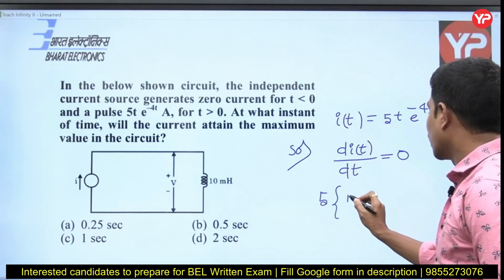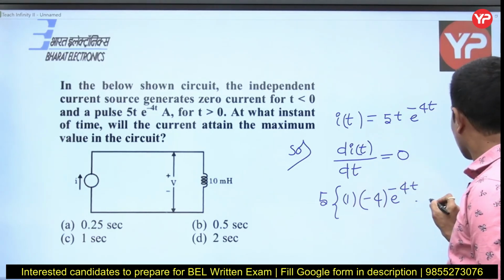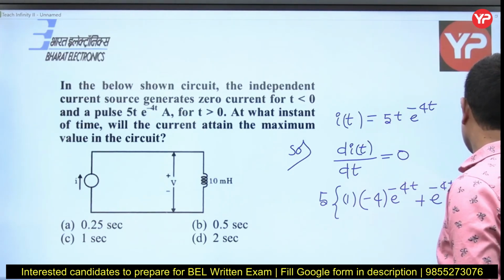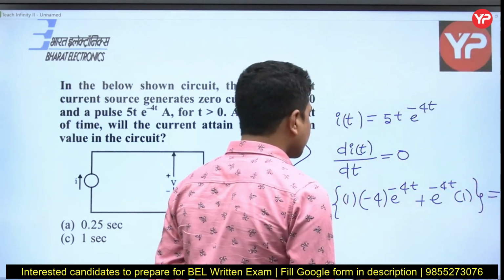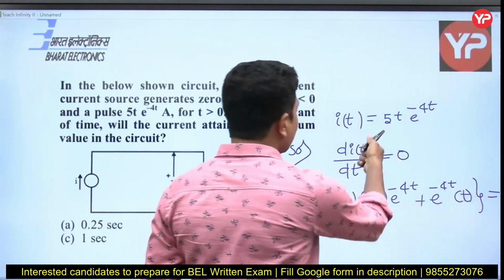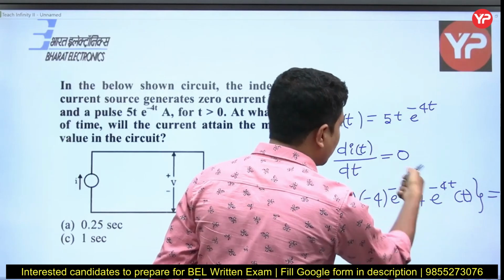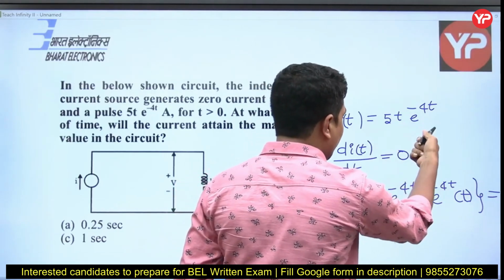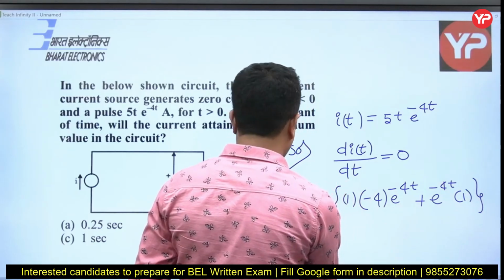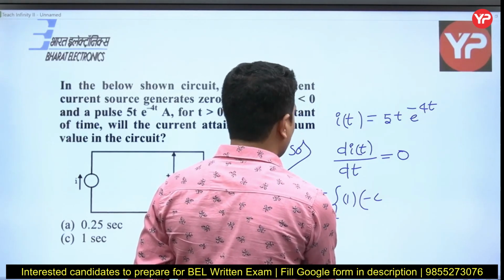The derivative of t is 1, into e power minus 4t, minus 4 into e power minus 4t, plus e power minus 4t into t derivative, that is equal to 0. Yes, here t will be there. Why t derivative? Okay, somewhere I wrote the derivative wrong. Yes, I am writing once again.